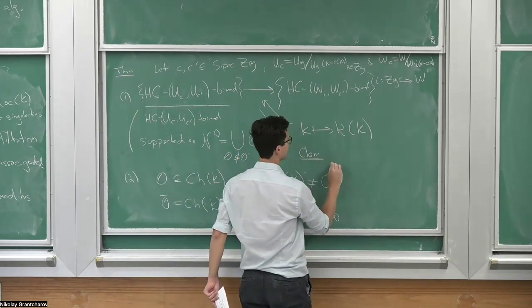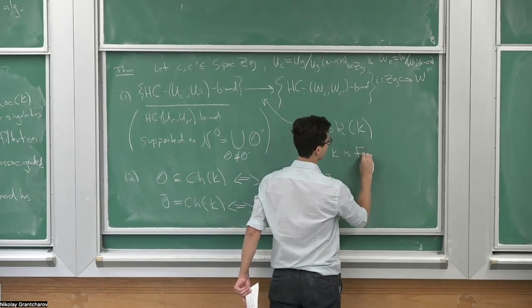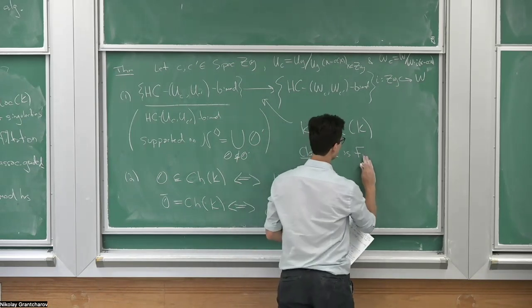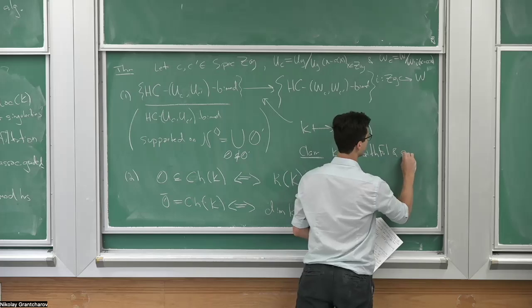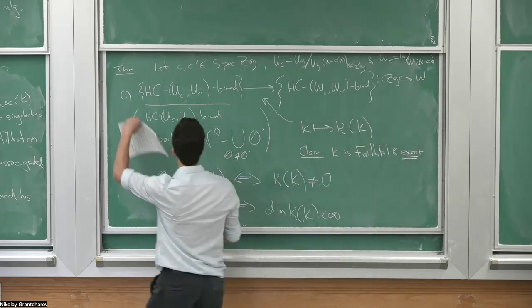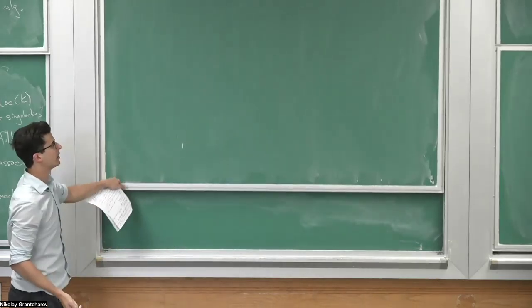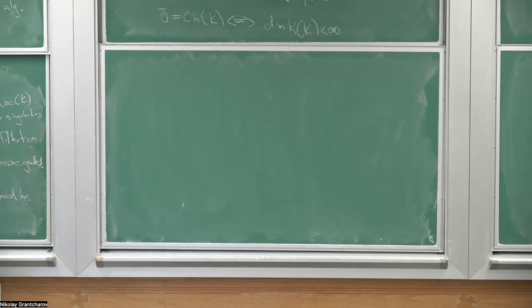Claim: kappa is faithful and exact. It's exact, which is the hard part. Okay, so to see that it's faithful, you can just construct an adjoint functor, which I'll describe just verbally.